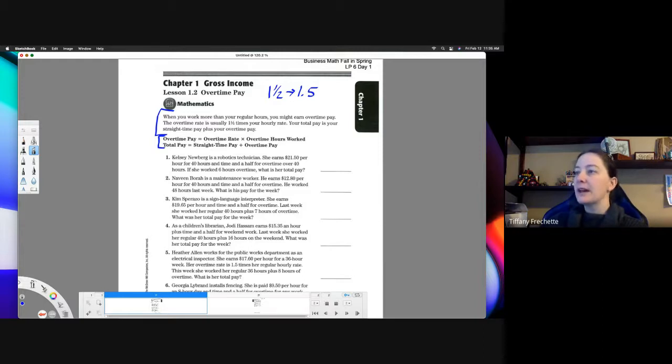So overtime pay equals the overtime rate times the overtime hours worked. Remember, the overtime rate is 1.5 times your regular rate. So that's how you get the overtime rate, and they don't go through and explain that.